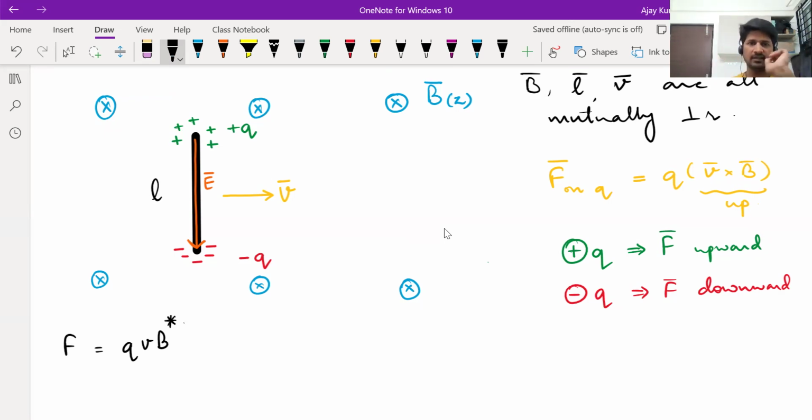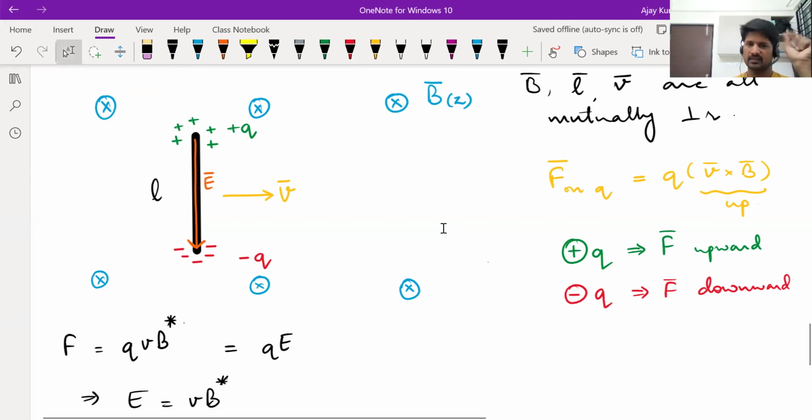When a particular amount of charge separation happens and it remains like that, this force should be balanced by the electrostatic attraction between the charges. So the electric field generated here is VB, where V is the speed with which the rod is moving and B is the magnetic field. But again, conditions apply. This is true only for this case. That is the electric field.